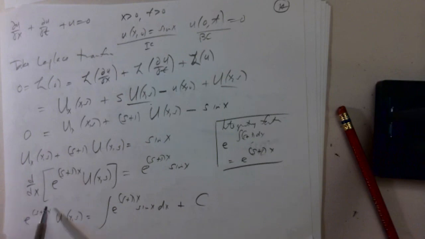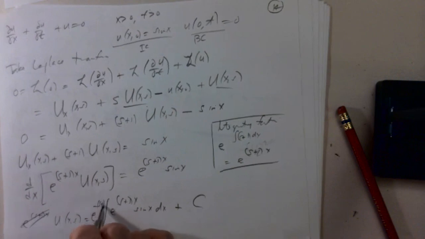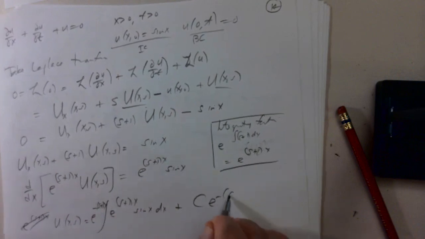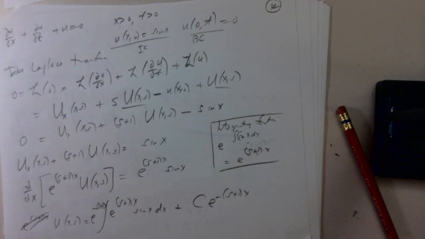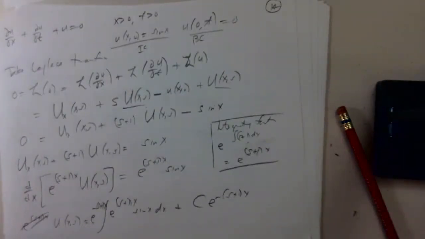And if I divide through by this, I get e to the minus (s plus 1)x. And I do the integral, and I work out the initial conditions and see what happens.